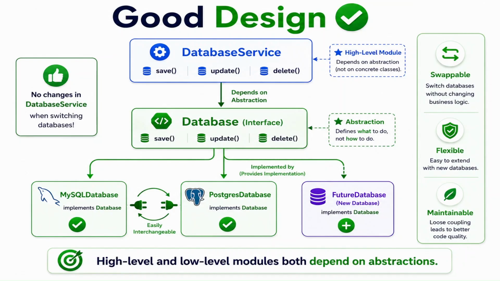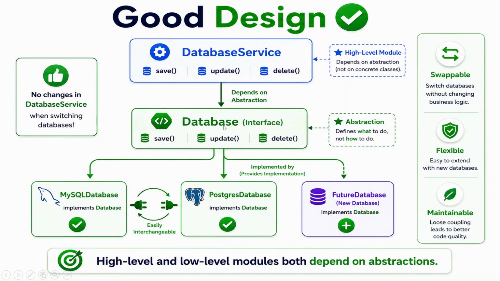The higher level module should depend on the abstraction instead of the lower level module. So if you see over here, this is database service, and it has these three methods. Database service will remain as it is. We will make only a slight change inside our database service. I will let you know what exactly it is.